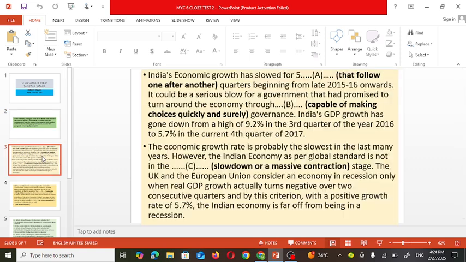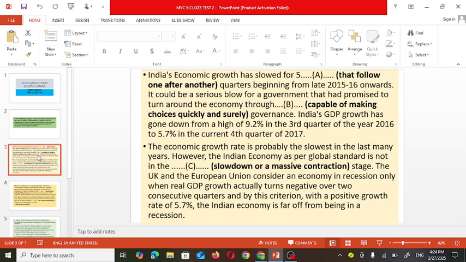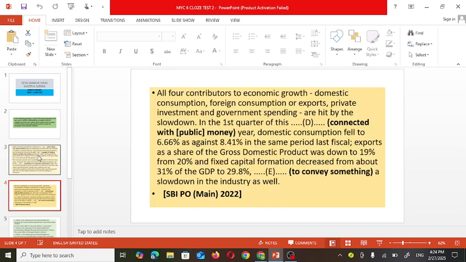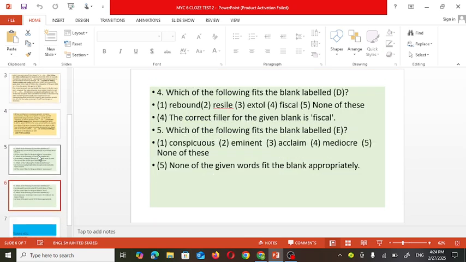Now, in our first example, we have seen a very simple passage. Now, the passage is a little bit big. It is one of the examples which was there in the SBI PO mains exam in 2022. In this way the question can be there and then options will be given to you.